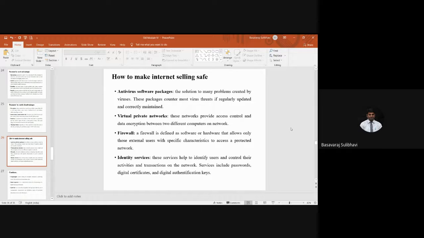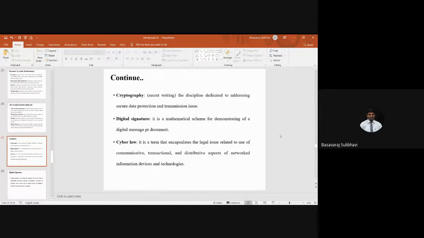Then you can have identity services, which help to identify users, and you can control their activities and transactions on the network. The network should be under your control, or say admin control. Then services including passwords, digital certificates, or digital authentication numbers can be used to identify users.